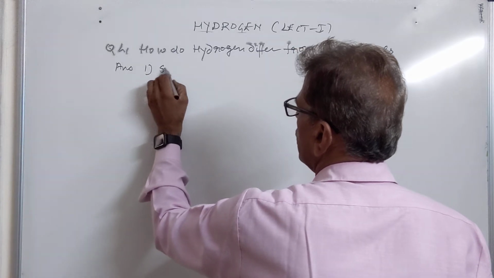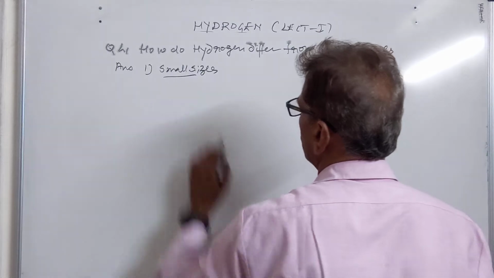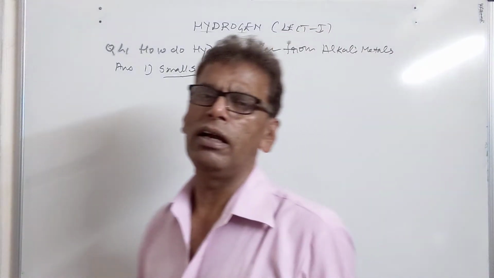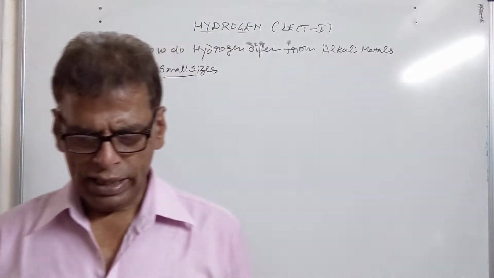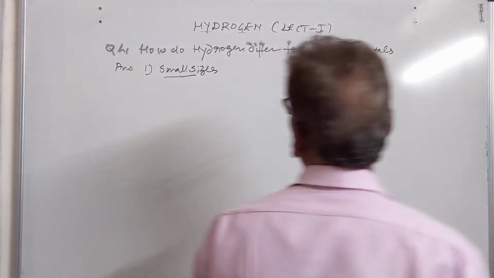Number 1 is small size. The sizes of alkali metals are quite large, they are largest in their groups, but the size of hydrogen is very small as compared to alkali metals.